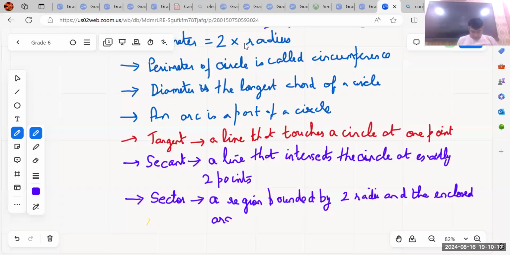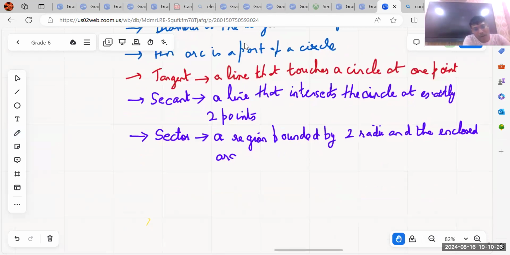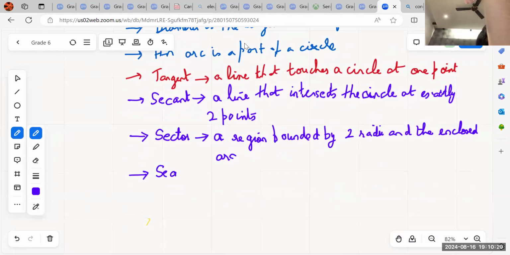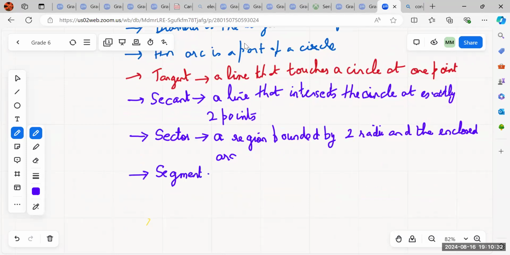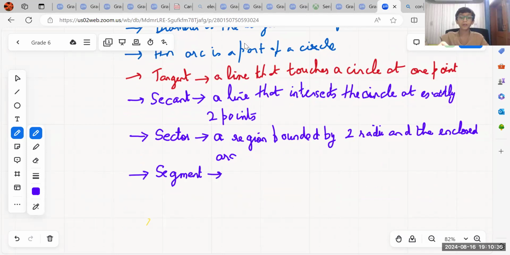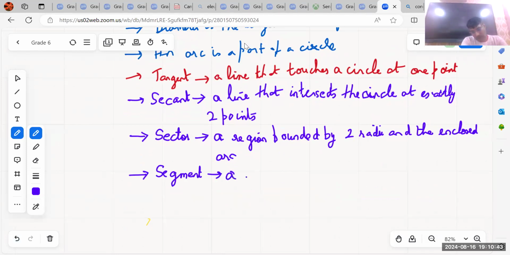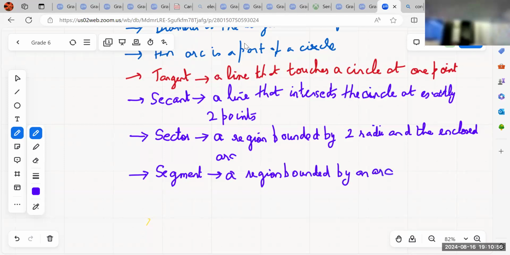Then we have, last, everyone knows what a semicircle is, correct? Yes, sir. Then we have, last, a segment. Is it like a segment of the semicircle? No. The region bounded by an arc and its corresponding chord.